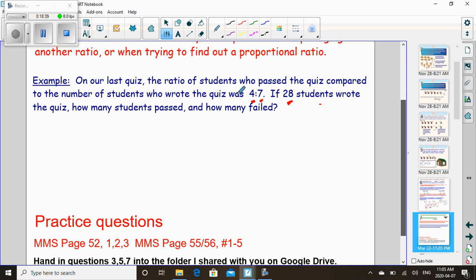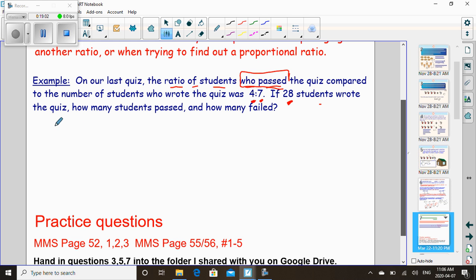Now, how do we determine what the 4 is? We go back in the writing, and the very first word that pertains to our numbers is going to be the 4. So the ratio of students who passed, there it is. That's the first number.